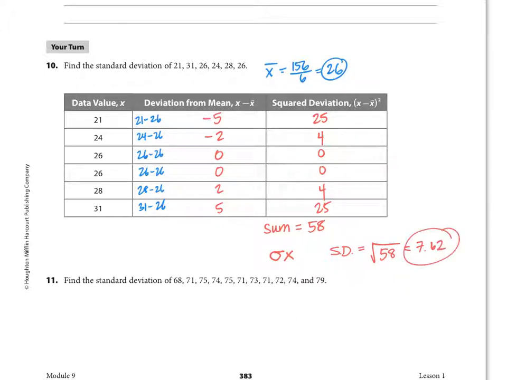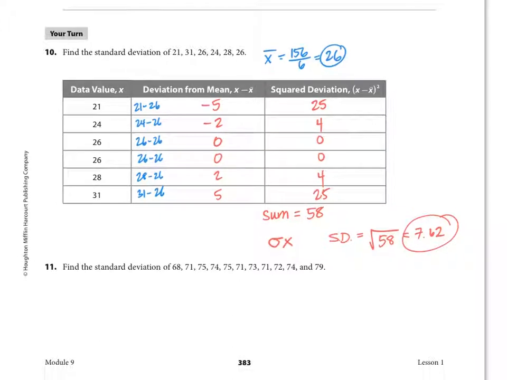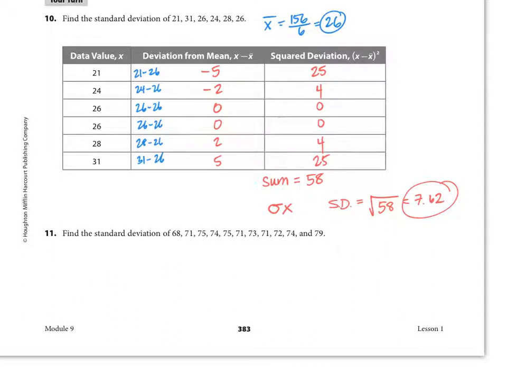Now this is a number that's not going to make much sense to you right now, but just get used to the process of how to find this number, and then in about a lesson or two, it's going to start to be a little more meaningful when we compare sets with each other.